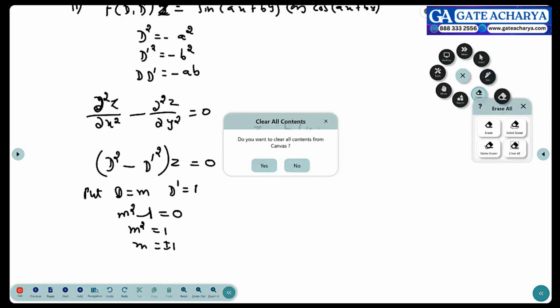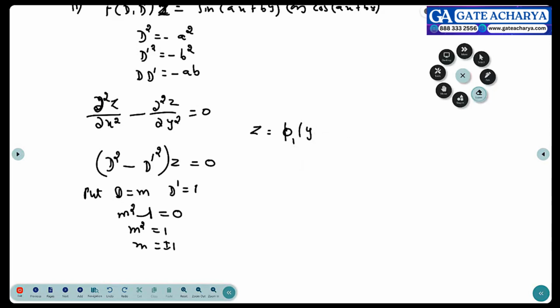First case minus. Plus phi 2 of y plus m2x. That's all. That's the solution. So, real roots: phi 1 y plus m1x plus phi 2 y plus m2x.